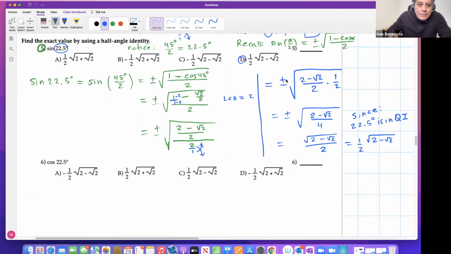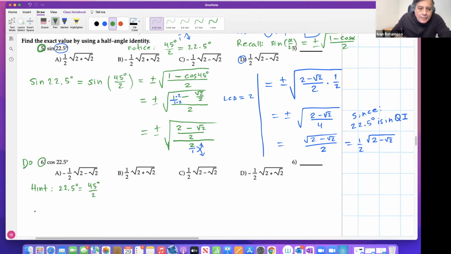Following this, guys, can you try number 6? Try to do this. I am going to give you the formula, okay? Hint again: 22.5 degrees is 45 degrees divided by 2.